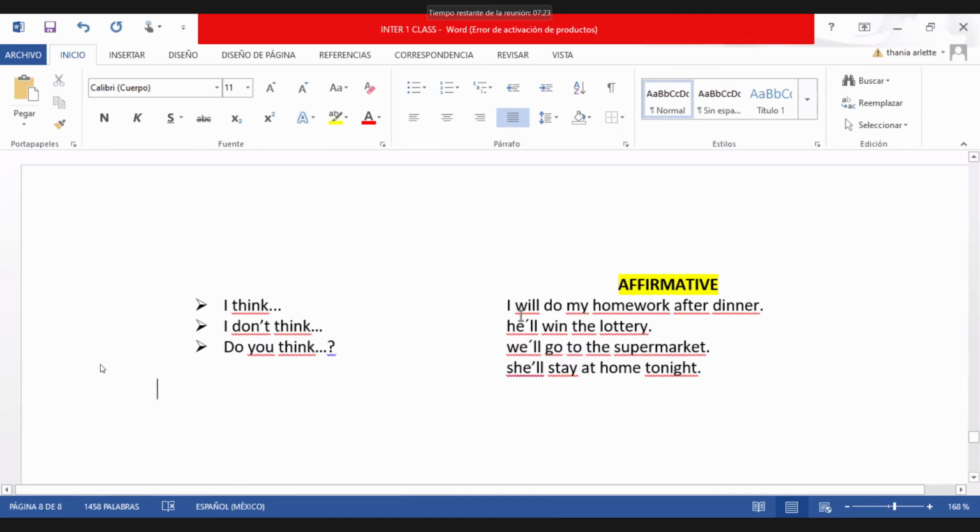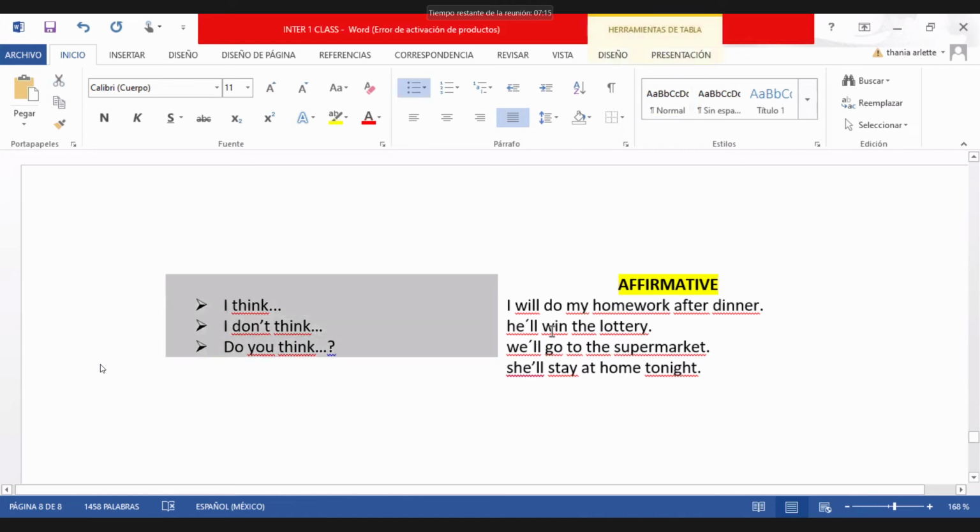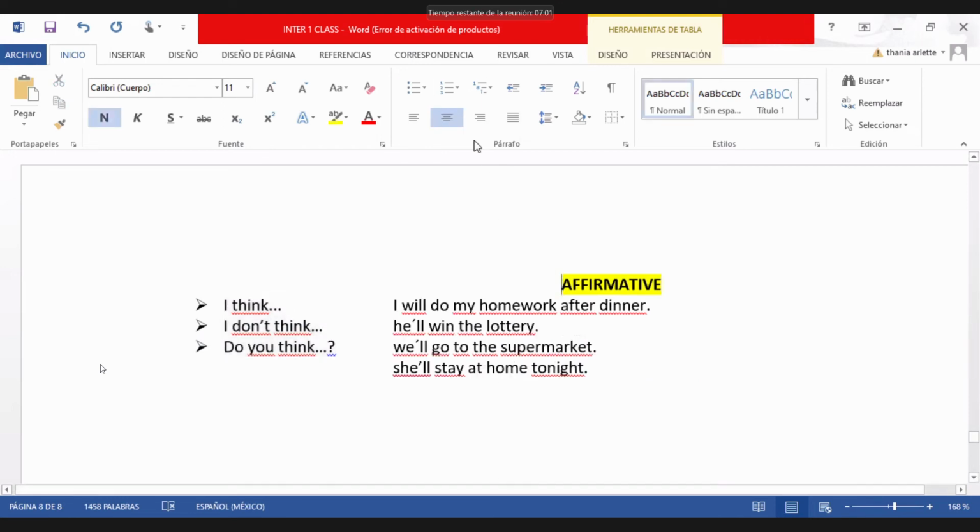You can use any affirmative sentence with this introductory phrase, but these phrases can be affirmative, negative, or interrogative. But the following sentence has to be affirmative.